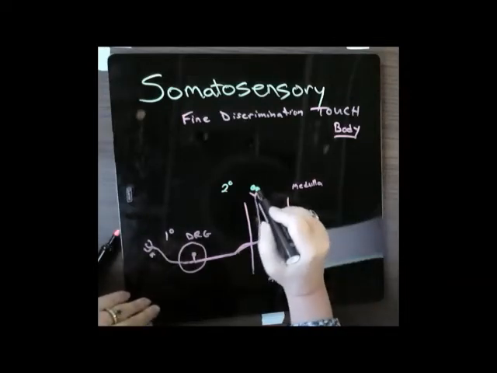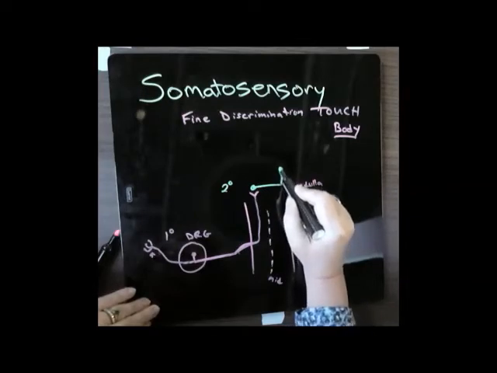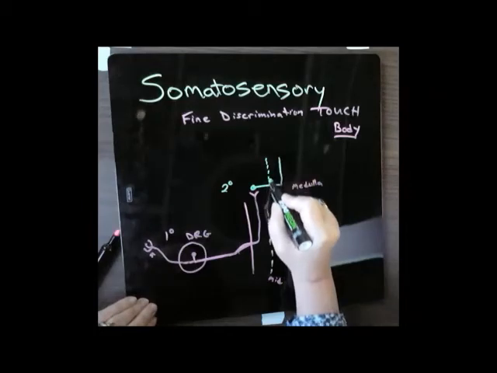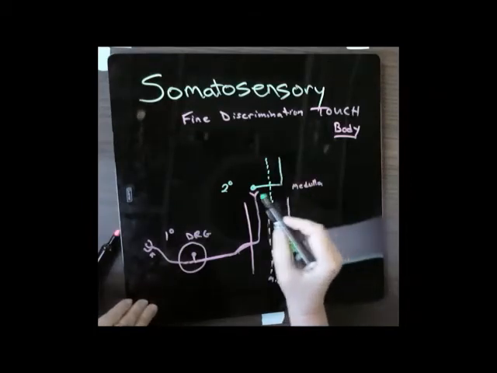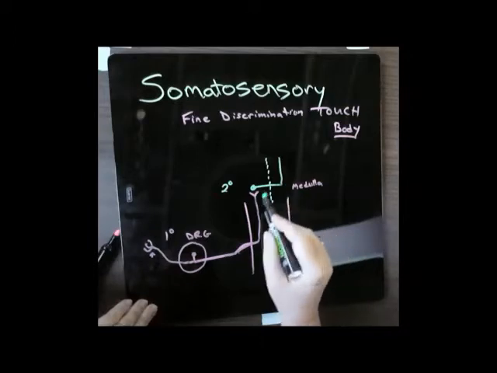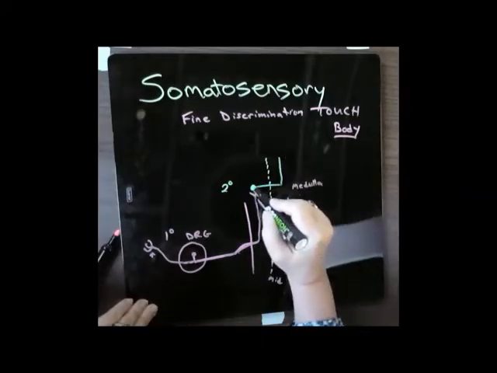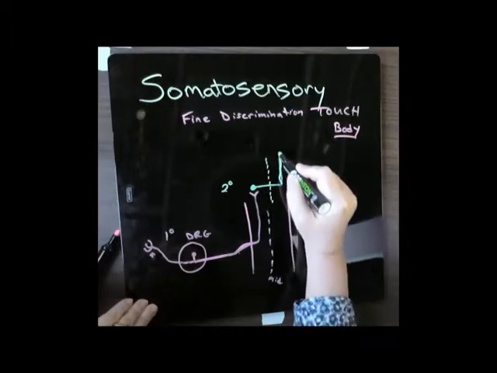That is, it crosses the midline. And you'll see shortly why that's important. It's going to cross the midline of the brainstem. It's actually a very specific structure called the internal arcuate fibers, but we'll talk about that in a second. So this is the cell body, the second order neuron. Its axon crosses the midline and then it ascends.